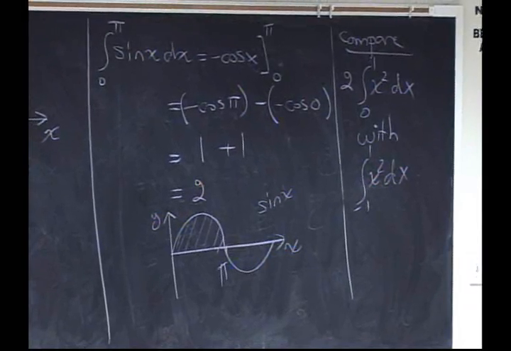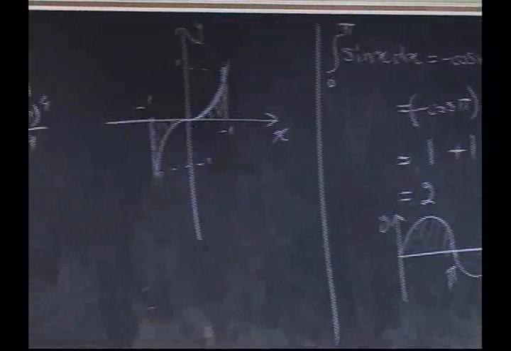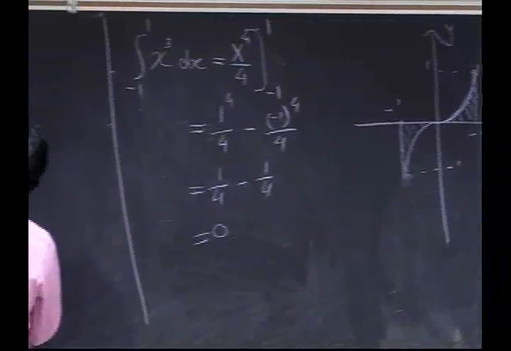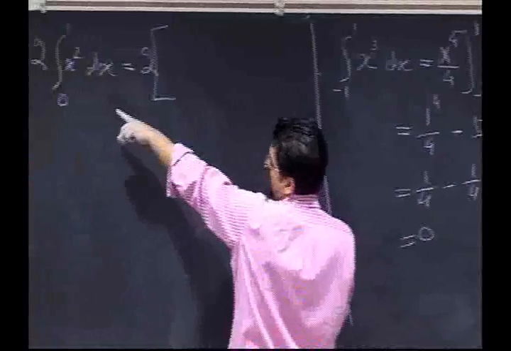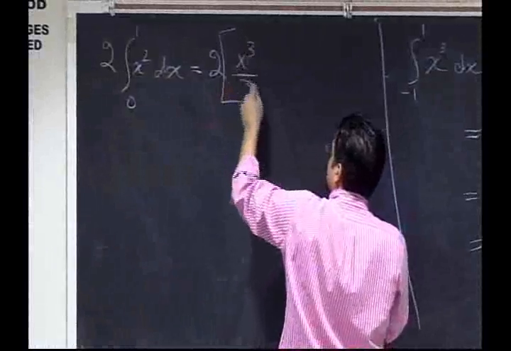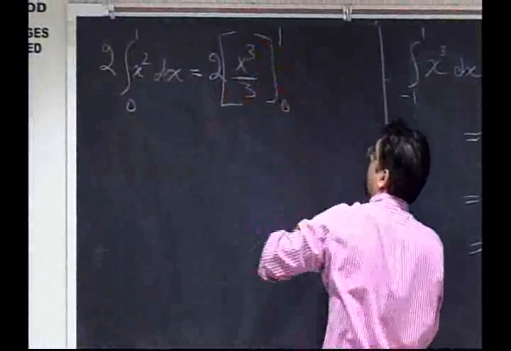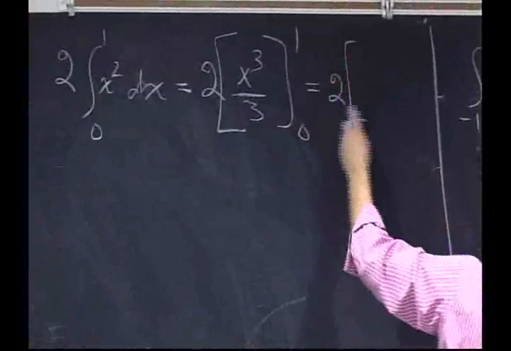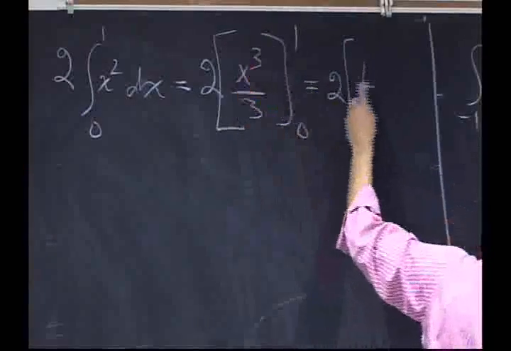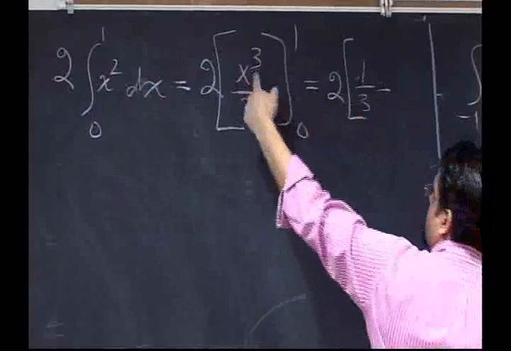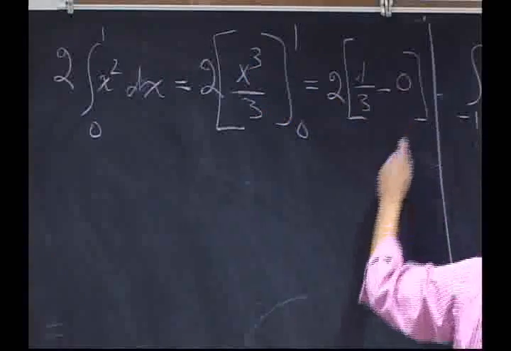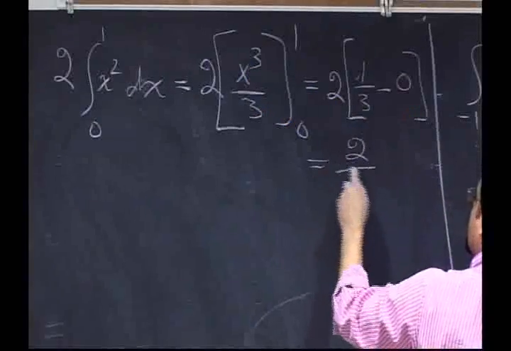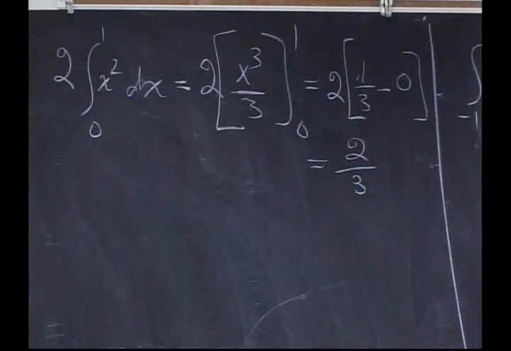So if I do twice the integral from 0 to 1 of x squared dx, that's twice x cubed over 3 from 0 to 1. So at 1 it's 1/3, minus at 0 it's 0, so the answer is 2/3.